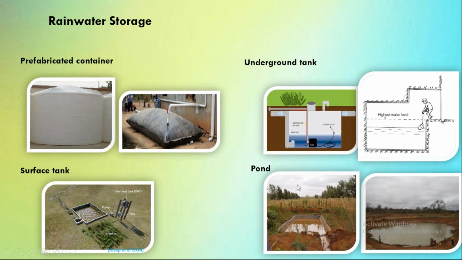You might be seeing some ponds which are polythene lined or concrete lined, or barely just dug, and we store the water. But efficiency and cost are basic factors behind this. Which type of structure we use and how much water we want to store will determine the storage capacity of our system.